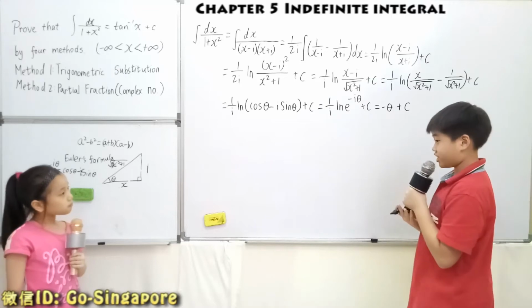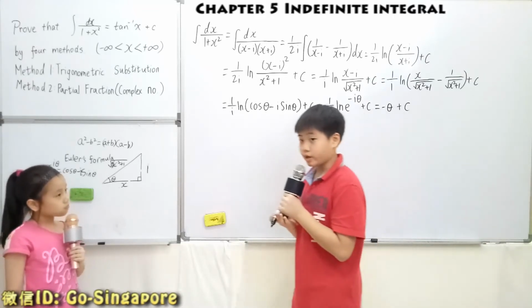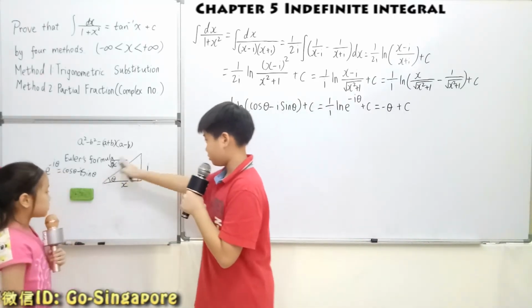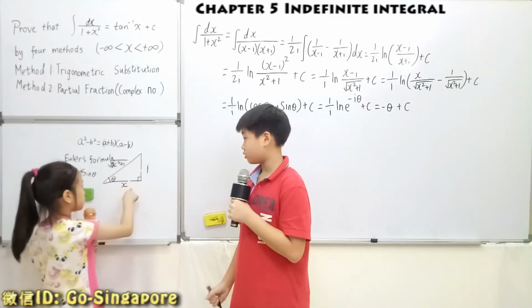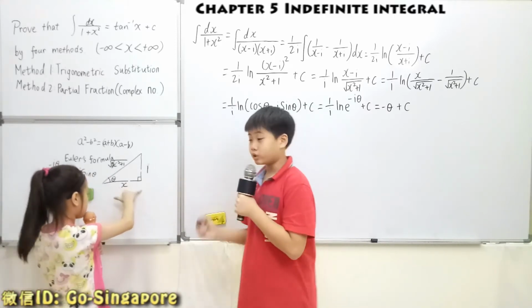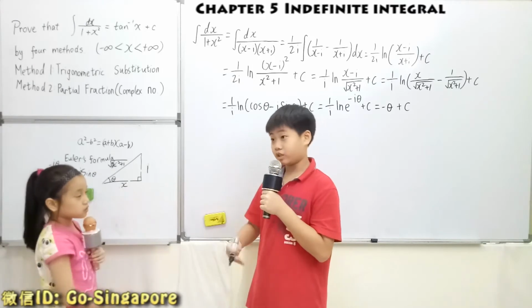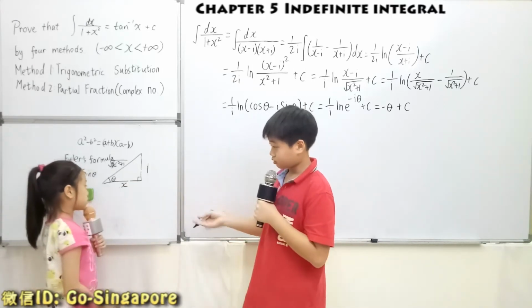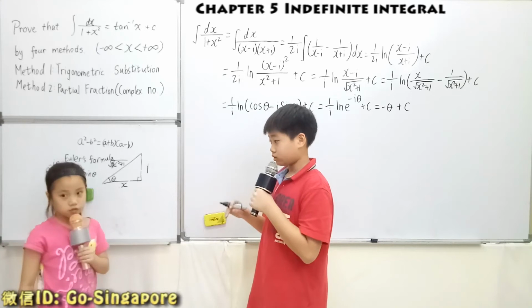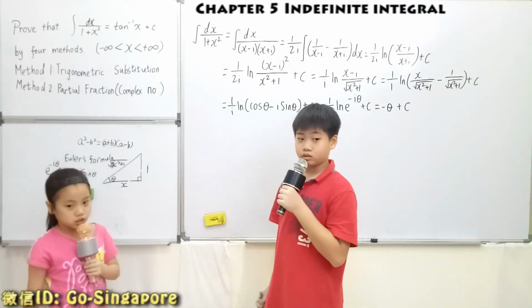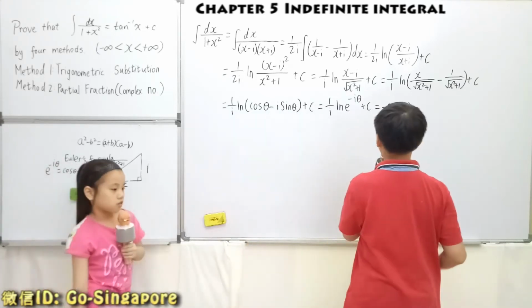Theta, how many ways can we write it? We can write it 6 ways, right? Which is the inverse sine, inverse cosine, inverse tangent, inverse cotangent, inverse secant, inverse cosecant. Yes, correct. So which way would you want to use?